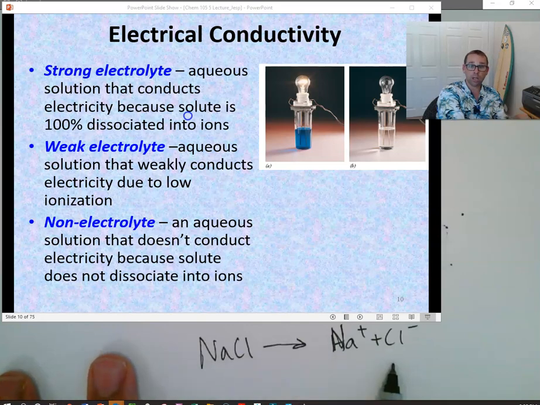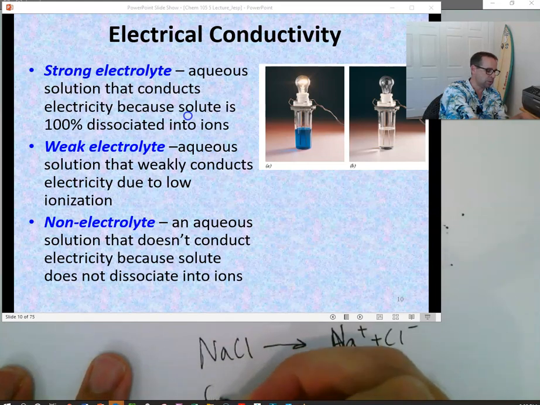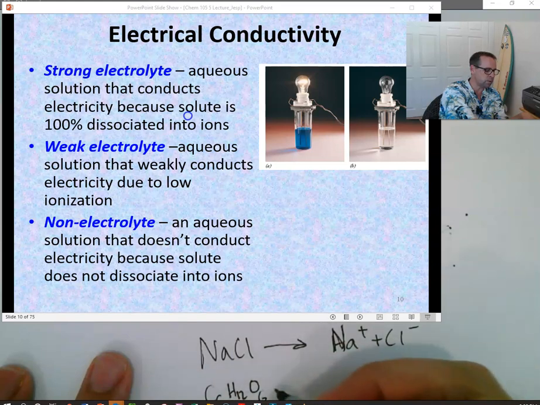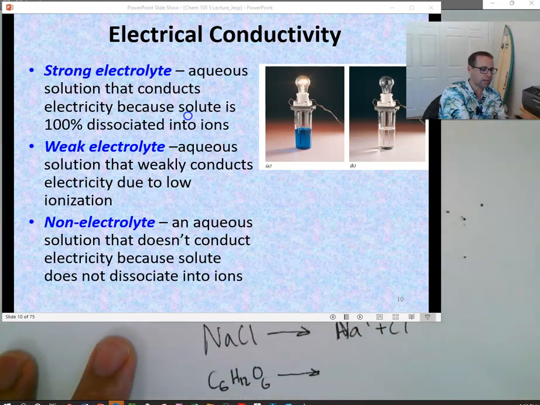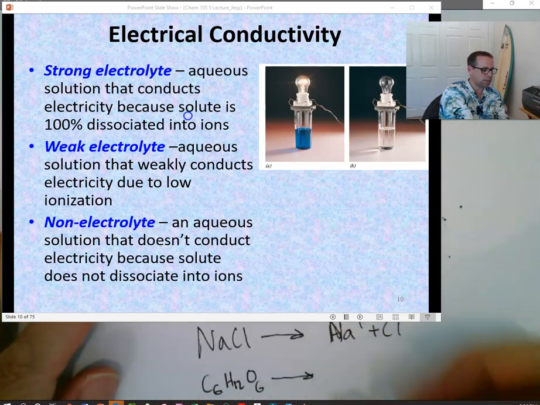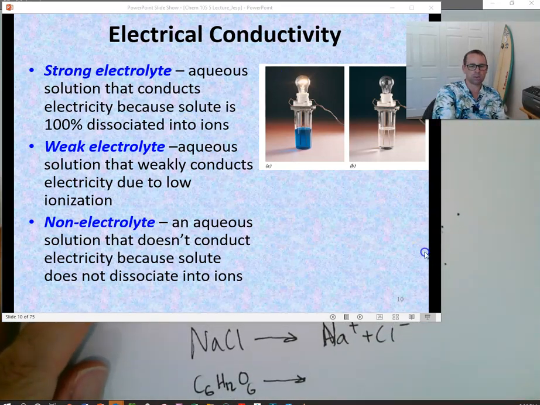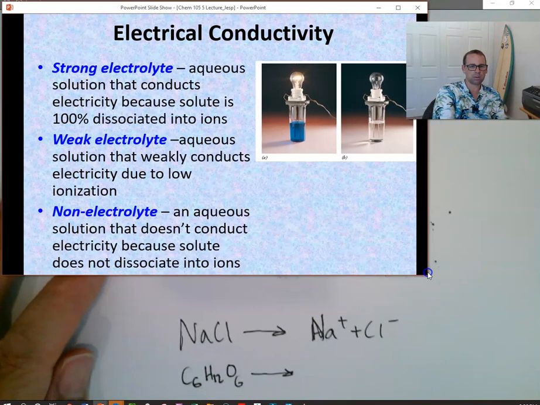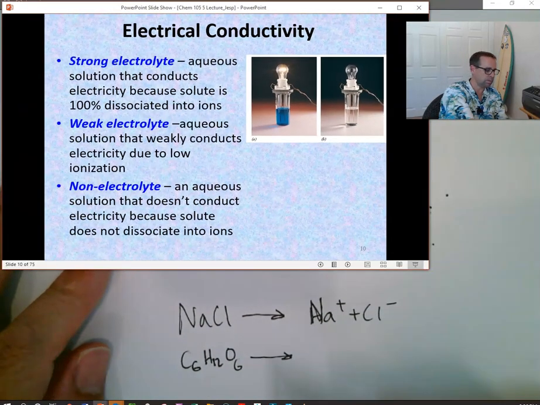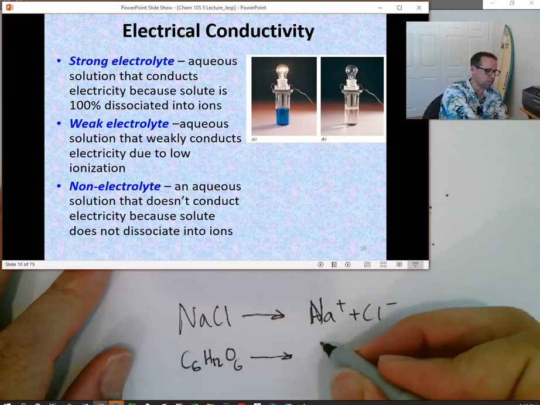Glucose would be an example of a non-electrolyte. C6H12O6. You put that into water, and is that going to form ions when I put it into water? C6H12O6? No, because it's not what?